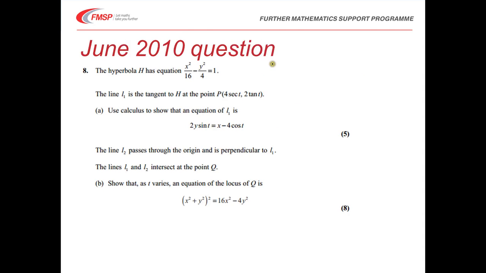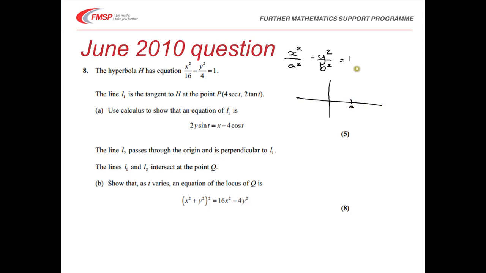The other question we're going to look at is about a hyperbola, and as a reminder about this, the standard equation of a hyperbola is x squared over a squared minus y squared over b squared equals 1. And again, the point a, 0 is on this hyperbola.